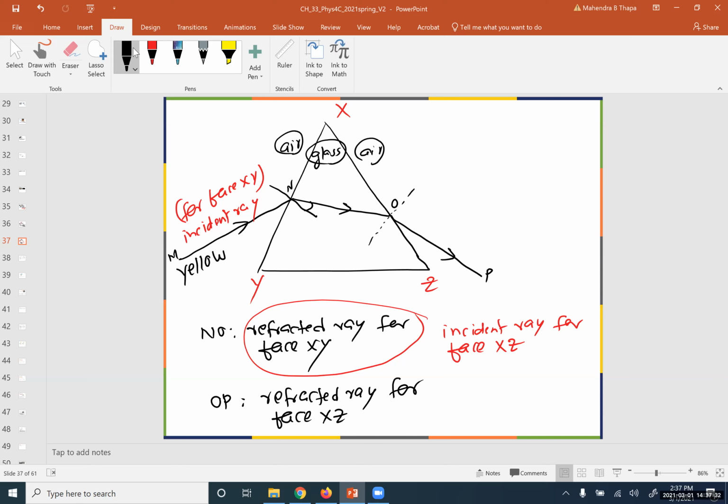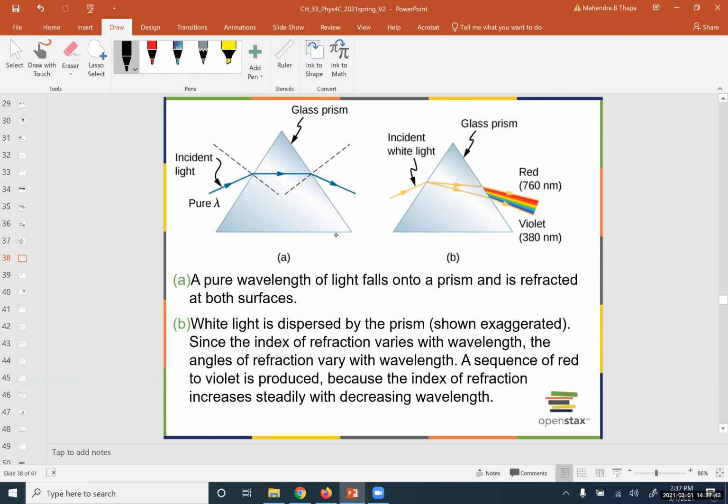So light will bend 2 times. This is for a particular color, the yellow color. If we pass white light, the combination of 7 different colors, each color will have a different speed inside the prism, and it breaks up into 7 different colors. So this is the dispersion of light.